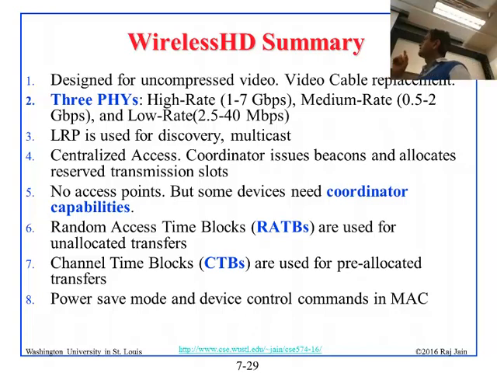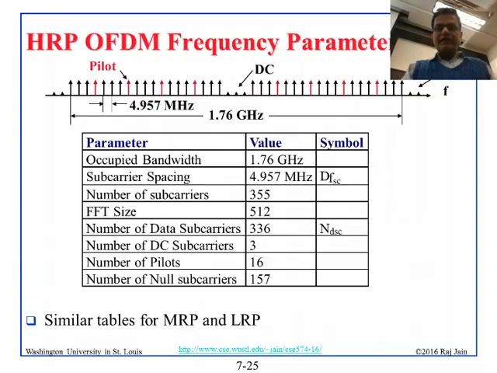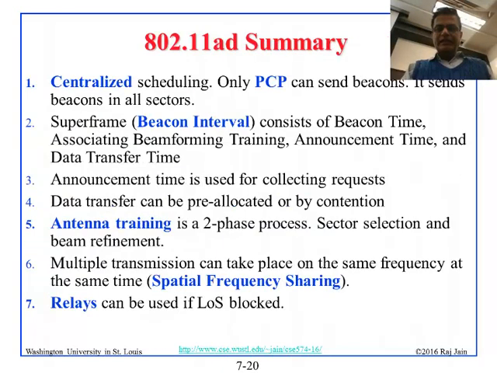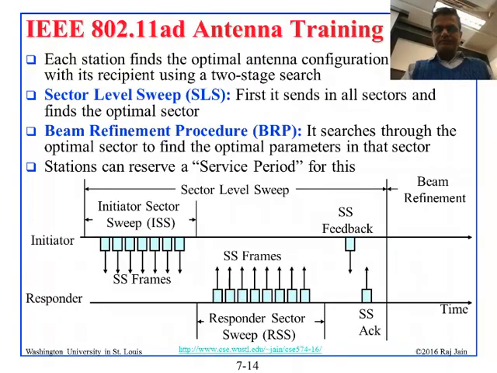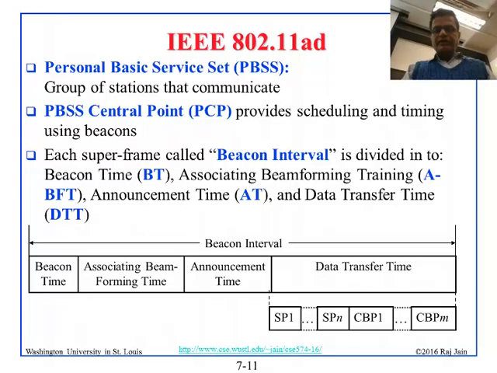So this is actually RADBs. We had seen them before in 11AD, and we had called them something else. They were called CBP, contention-based access.